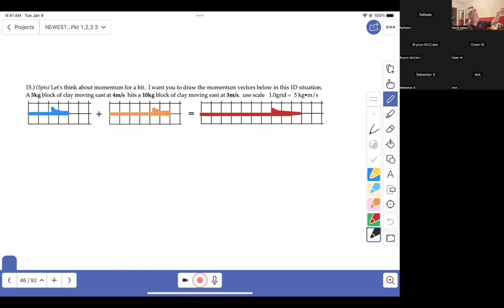But it's 5 times 4 or 20, and then 10 times 3 or 30, and then you add the two up. So you're adding up the momentums. And there's no angle involved, so it's not that bad. All right, that's kind of a trivial question, actually.